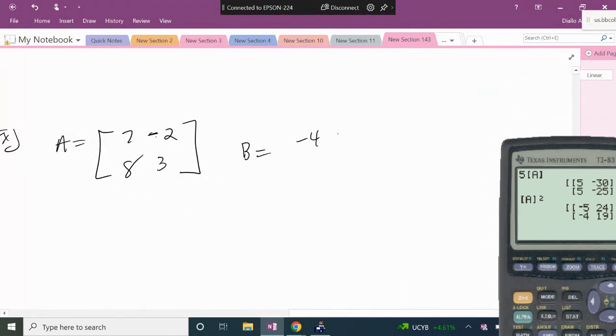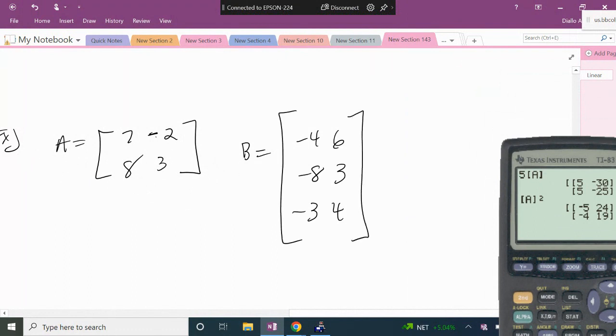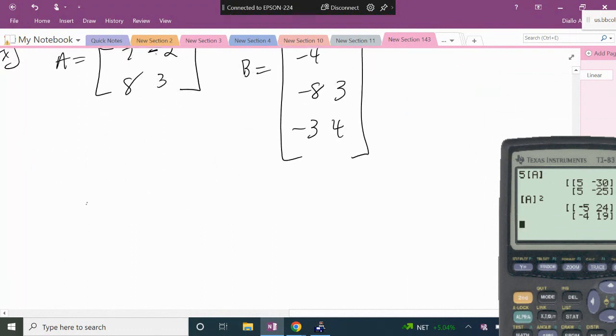B is equal to -4, 6, -8, 3, -3, and 4. Okay. And we're asked to find A times B.